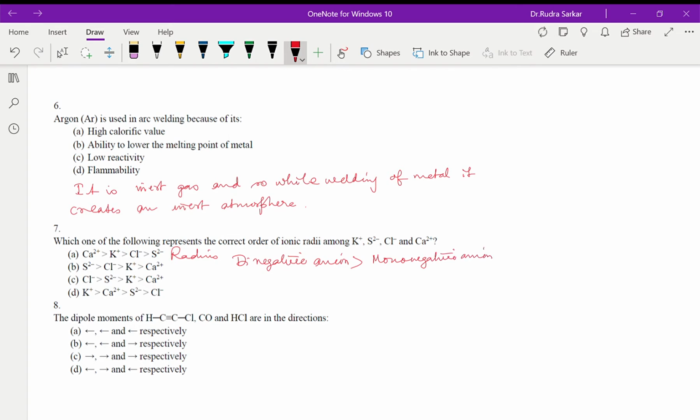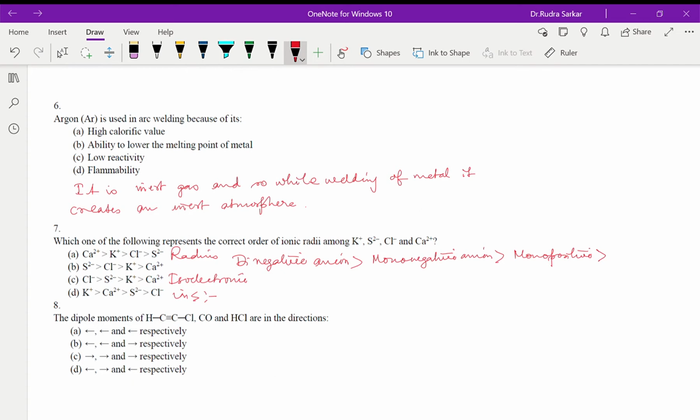This is radius of isoelectronic ions, which is more than that of monopositive. So positive charge reduces the size of the cation with respect to that of a neutral atom, and negative charge increases the size of an anion with respect to a neutral atom.